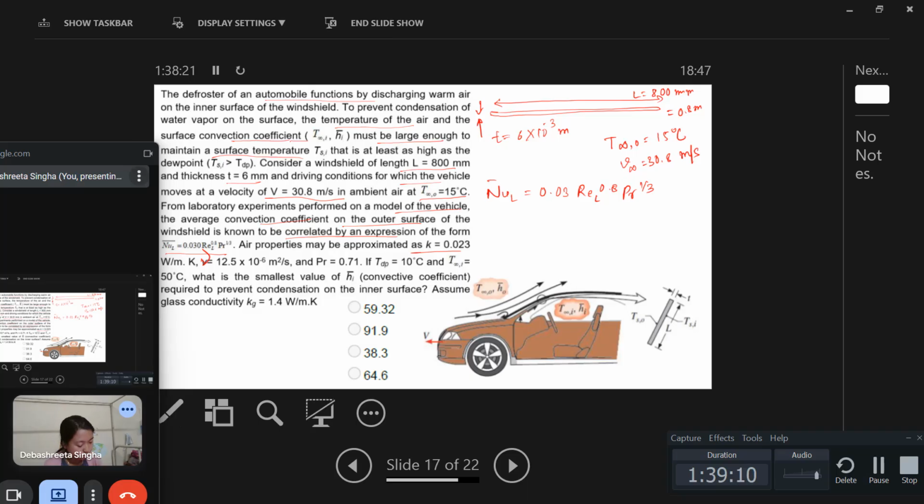If T_dp, that means the dew point temperature, is 10 degrees Celsius, and T infinity i, that means the temperature inside the windshield, is 50 degrees Celsius, what is the smallest value of h_i, the convective coefficient required to prevent condensation on the inner surface? To find out h_i, assume the glass conductivity as k_g is equal to 1.4 watt per meter Kelvin.